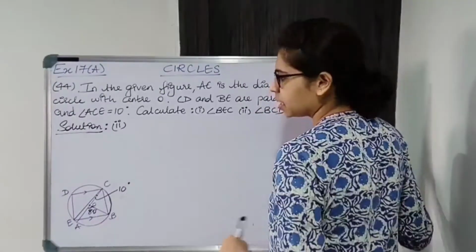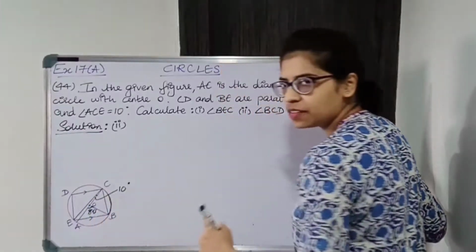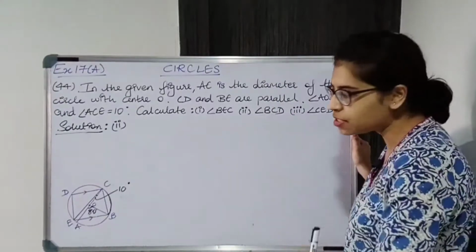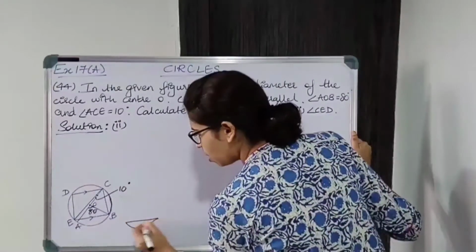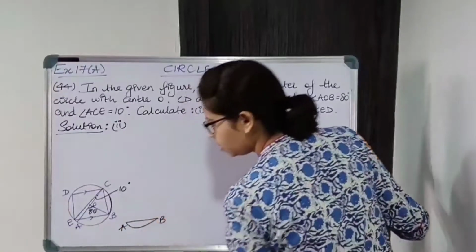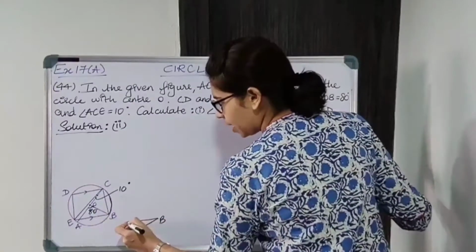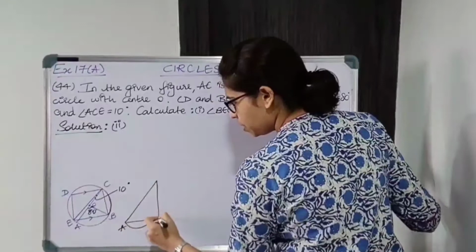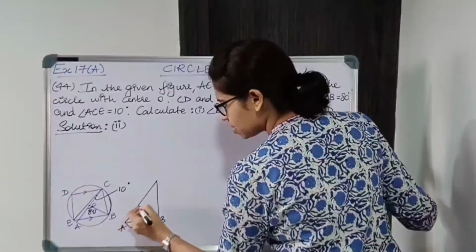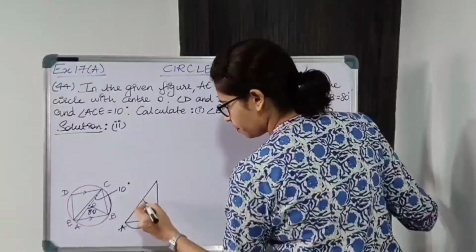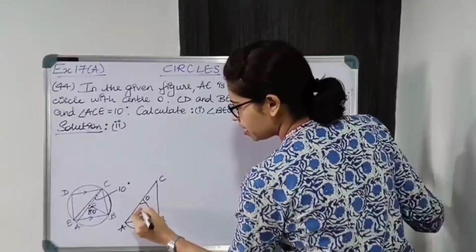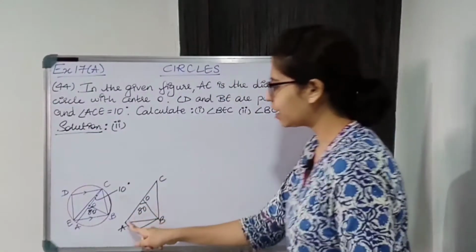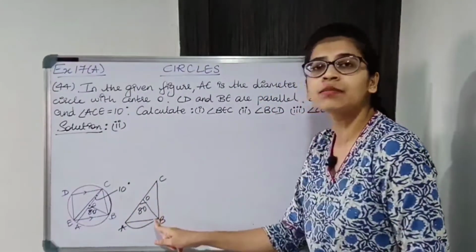Okay, now to find ACB we'll be using center and circumference wala property. Okay, there is this arc or chord AB. Okay, and ACB है and there is AOB like this. Okay, so this is 80 degrees. This is the angle at the center. This is the angle at the circumference.